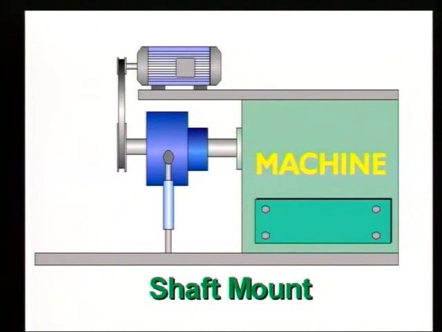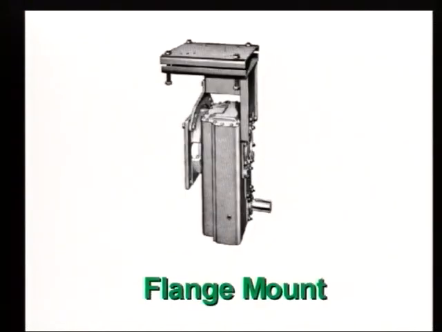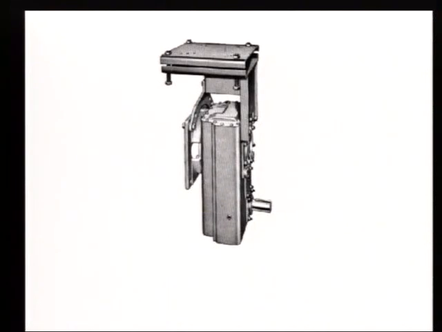A support arm, or brace, prevents the reducer from revolving. Similar to a shaft mount type is the flange mount, so called because the reducer's body is supported by a flange that in turn is bolted to the framework of the plant. No support brace is necessary for flange-mounted reducers.